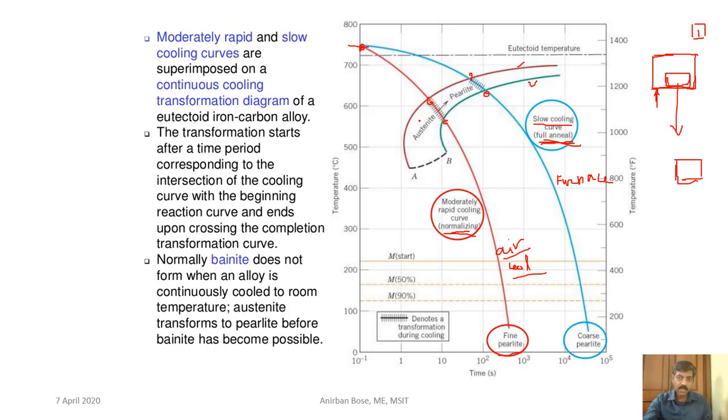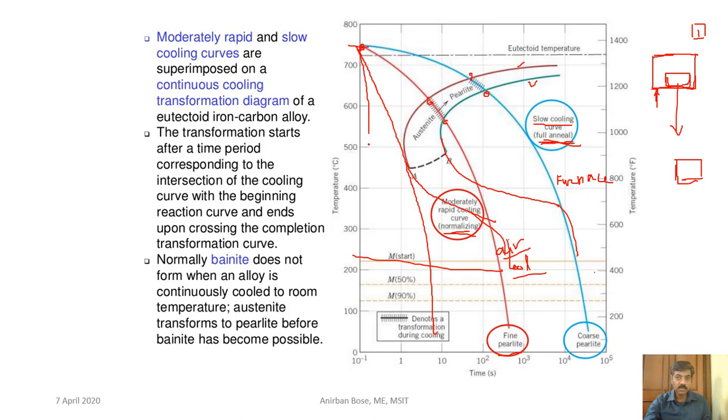But in this way, if you draw the complete diagram, it will be like this. So however you cool, it is not possible to form the bainite, because now we are doing the continuous cooling kind of a thing. It is not possible to get bainite transformation.